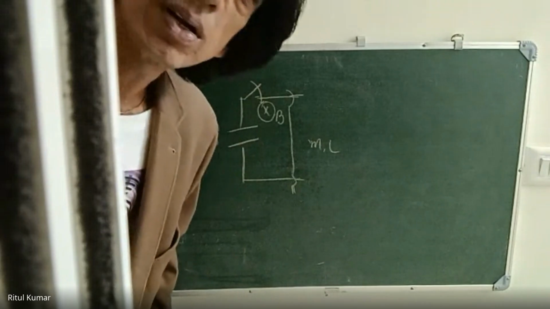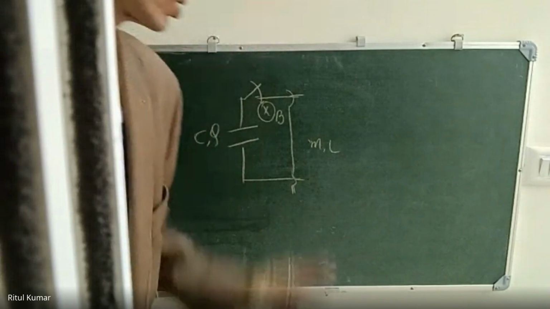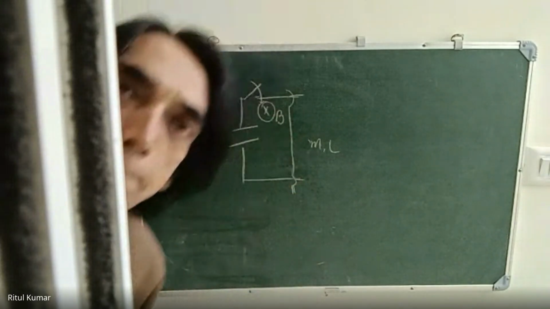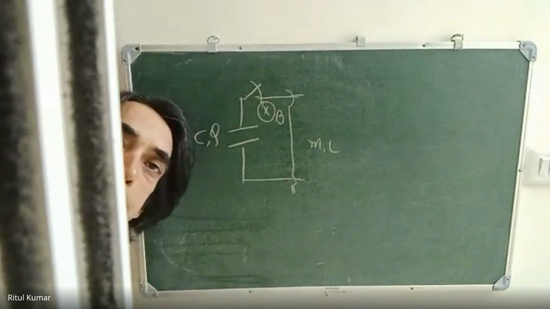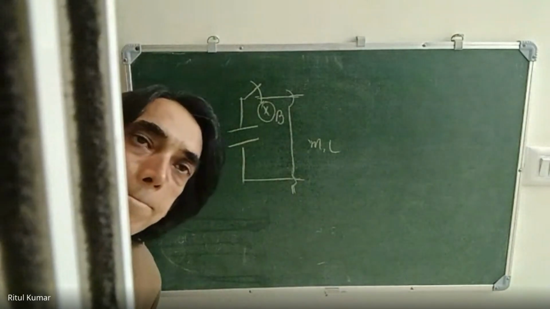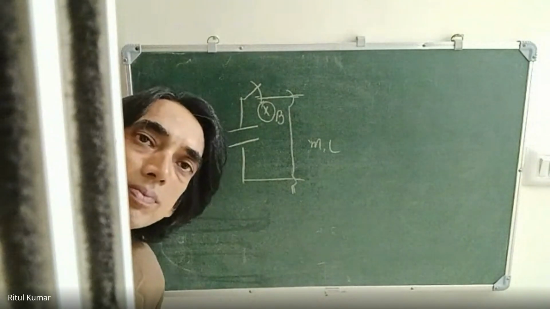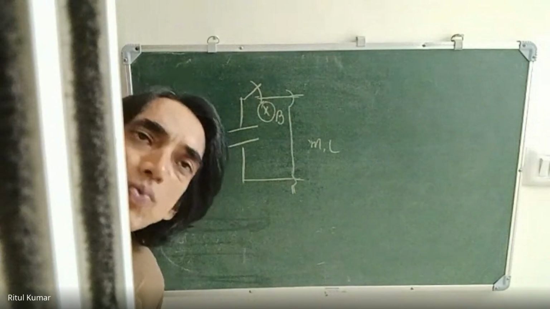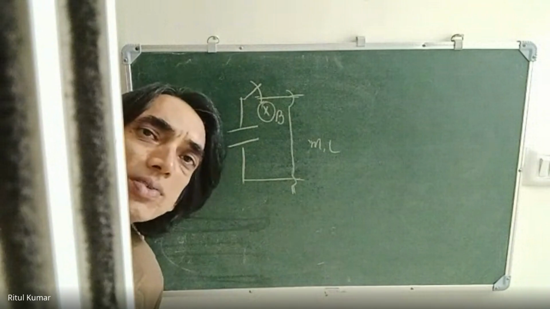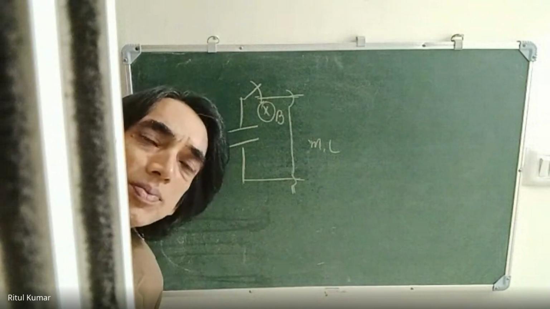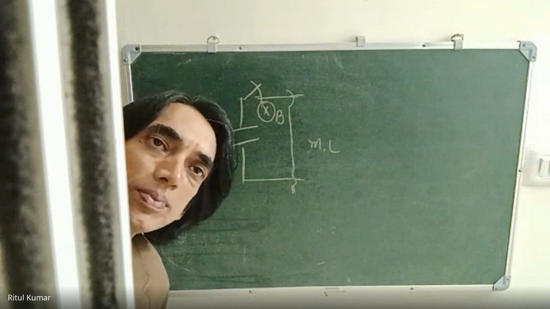With what speed will the rod start moving? When you connect, why should it move? Will it move? If it moves, with what speed does it start moving? Everything is being asked. Sir, is there a resistance R? No, there is no resistance.